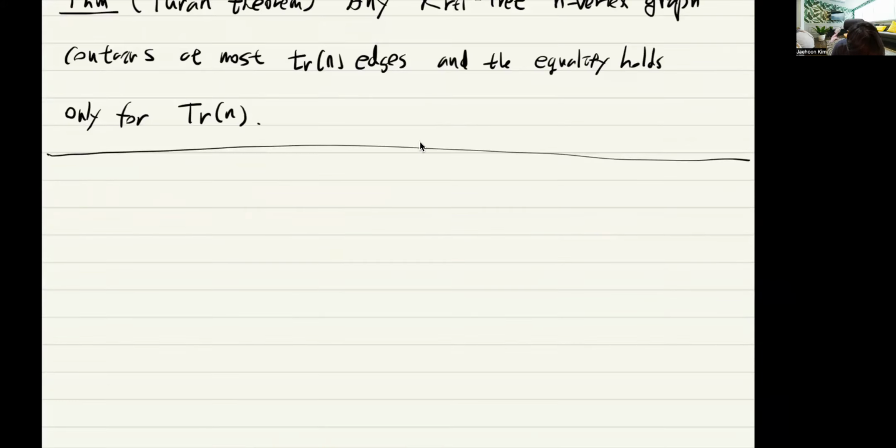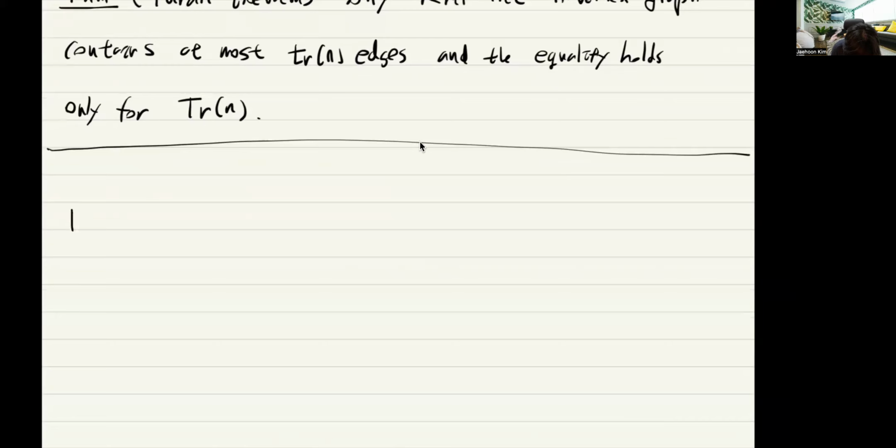And indeed, we extend this definition to hypergraphs. We also learned about hypergraphs in the introduction to the graph theory course. How do we define an r-uniform hypergraph?